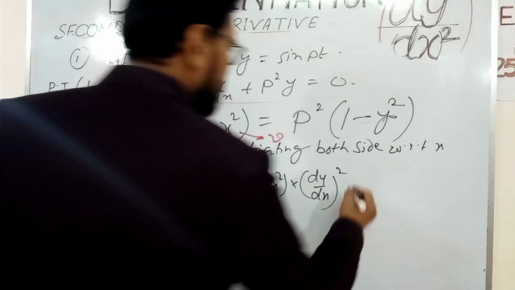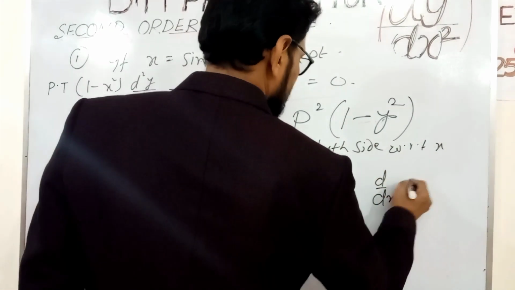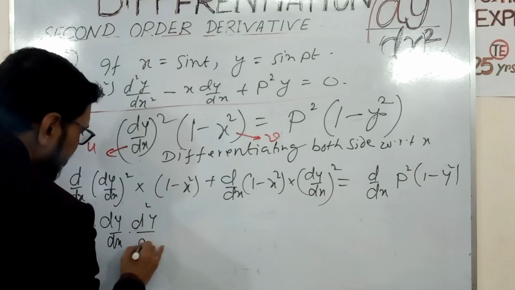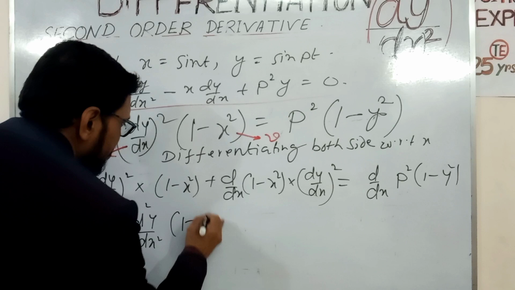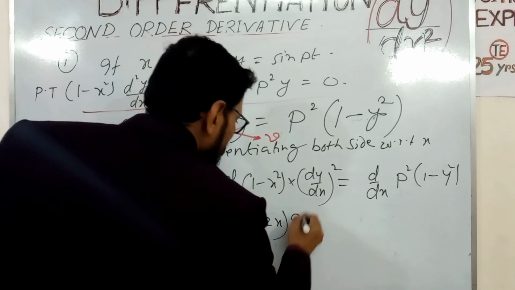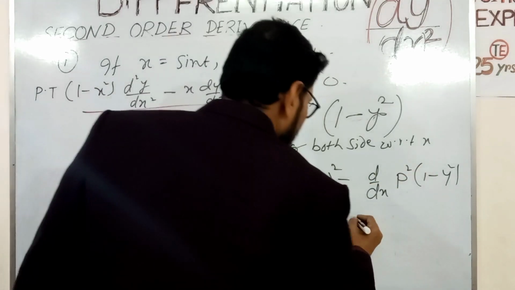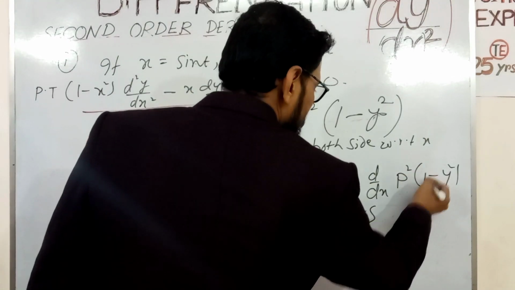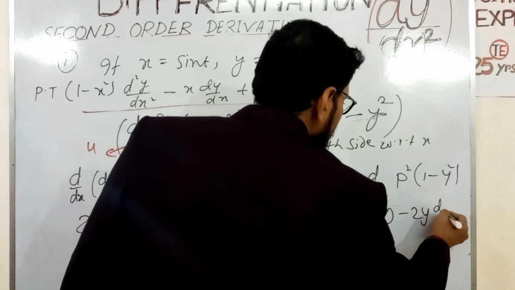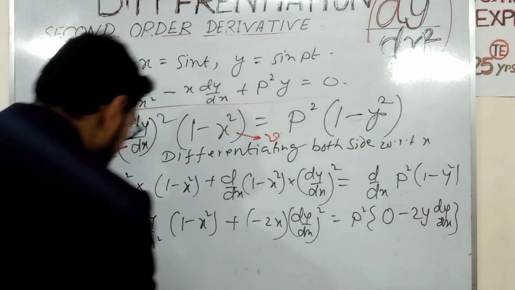Now the derivative of this is 2 d2y by dx square, this constant, plus the derivative of this is minus 2x into (dy by dx) whole square, and on the right p square is constant, derivative of 1 is 0 minus derivative of y square is 2y dy by dx. Now cancel 2 dy by dx on both sides.